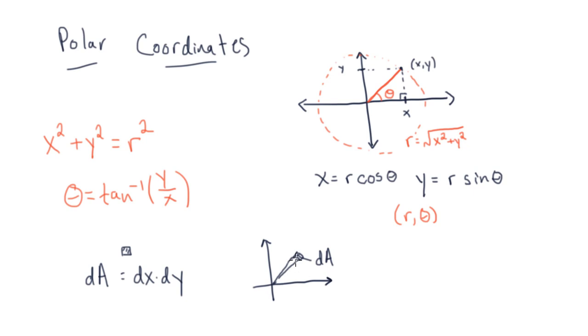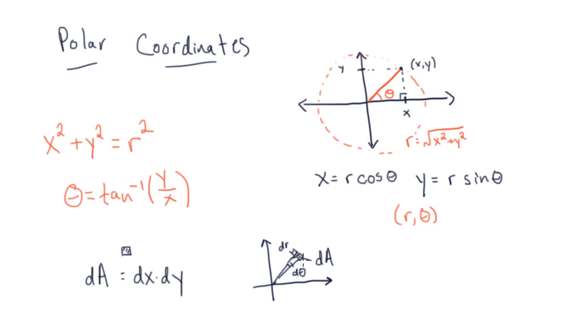And now notice that relative to the origin, the angle here changes by just a little bit. If I have a little piece of area, then it's lying between a small little change in the angle theta, so d theta. And then the width in the direction that's going out away from the origin is dr. Now you can say, okay, if the area region in Cartesian coordinates was just dx times dy, maybe the area region in polar coordinates is just dr d theta.